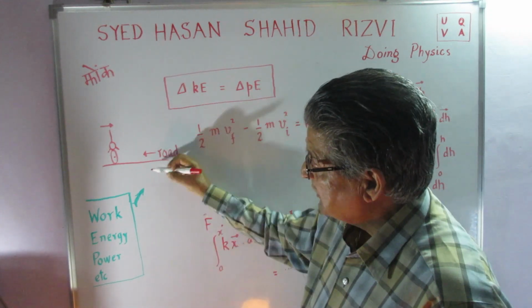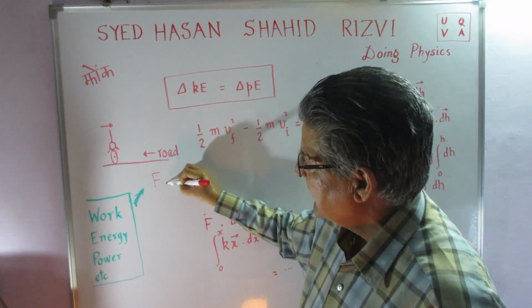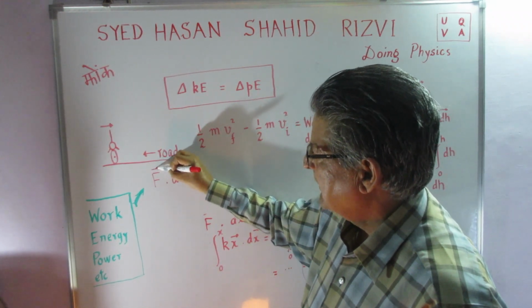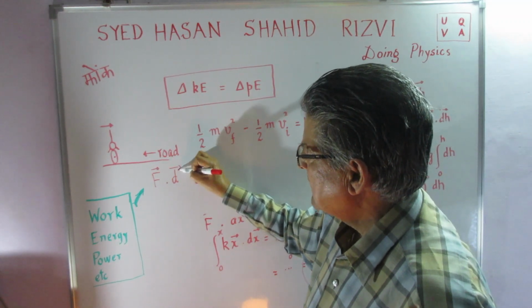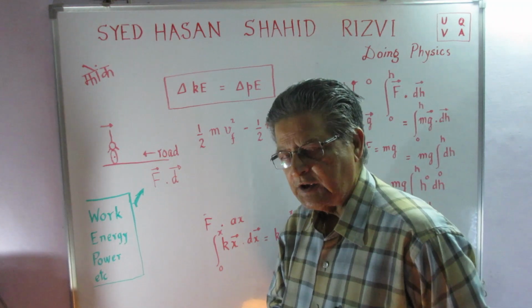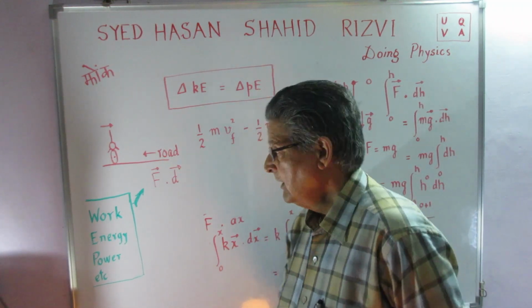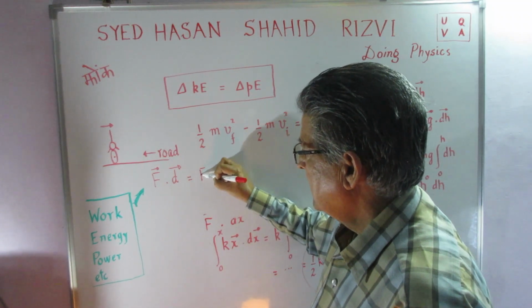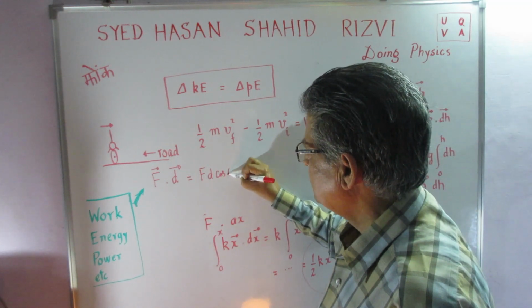If the force that the bicycle applies on the road is F, then F dot D for the work done by the bicycle on the road gives FD cos theta.